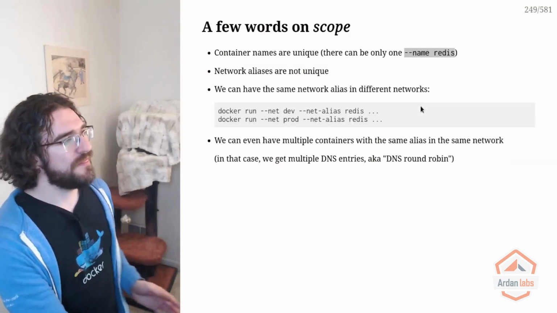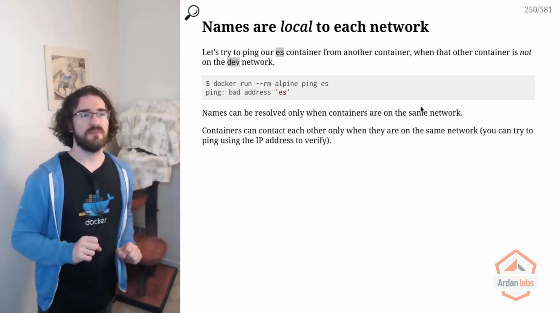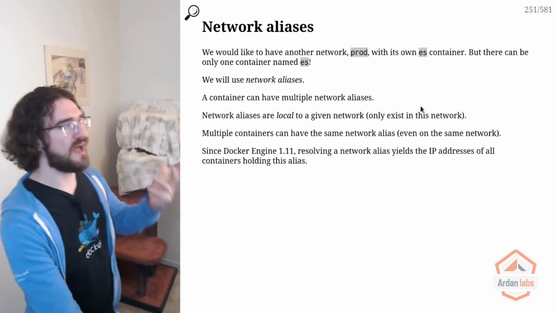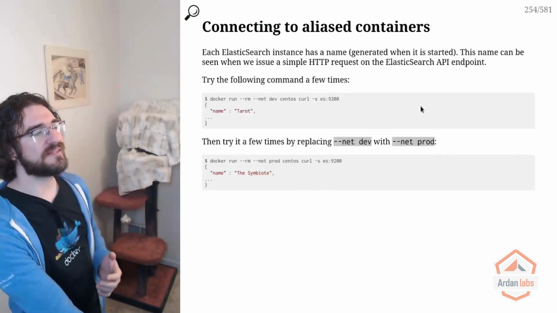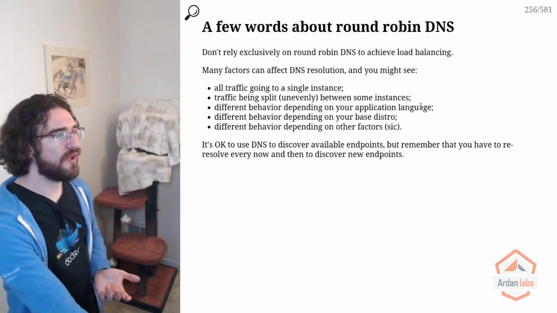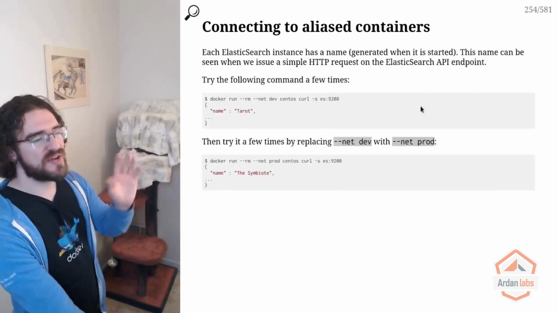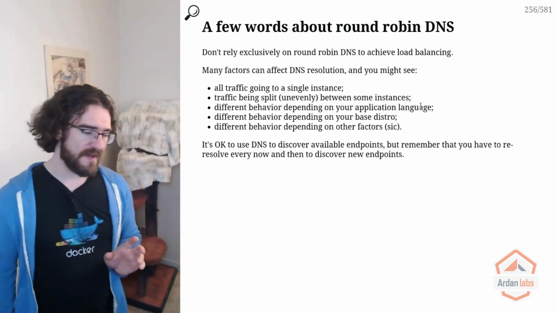So that's what the container network model gives us, like this ability to have these networks. These networks are isolated from each other, and we can have these network aliases that we can then use for service discovery.